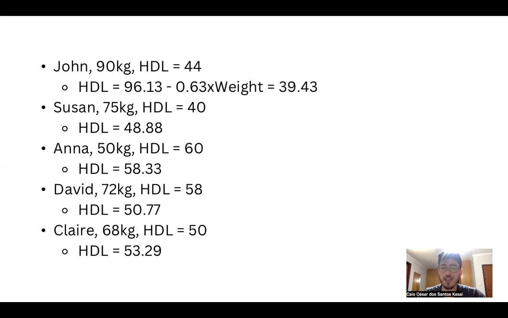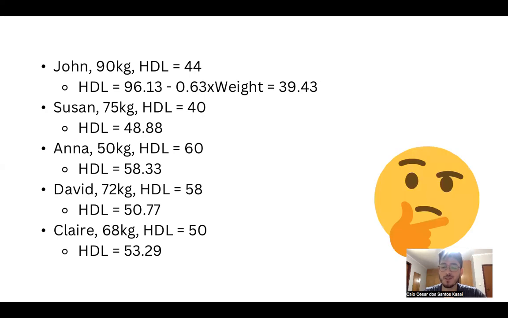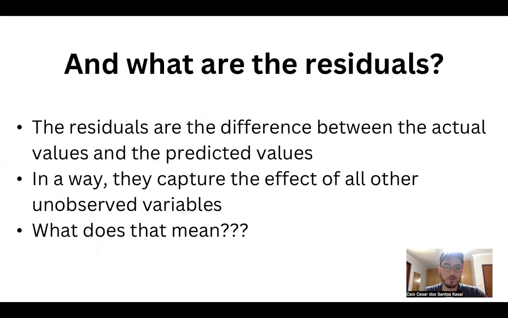And this difference actually helps you understand what the residuals of the model are, right? The residuals are the difference between the actual values and the predicted values. In a way, this difference is capturing the effect of all other unobserved variables.